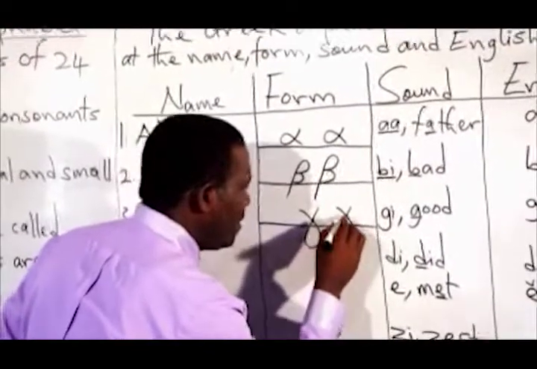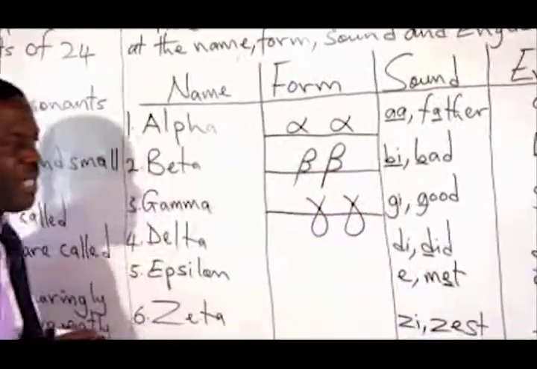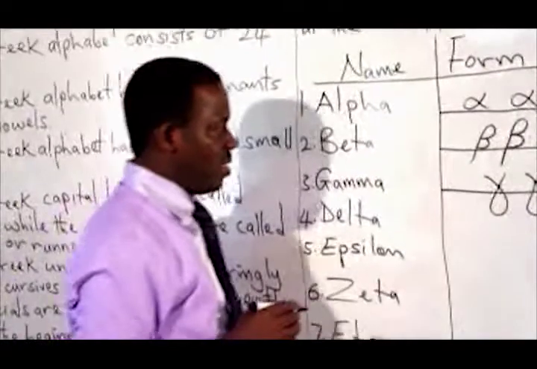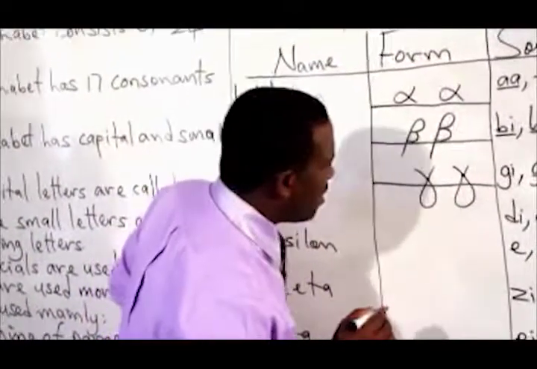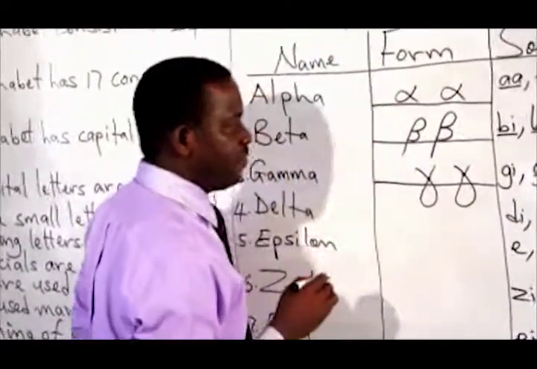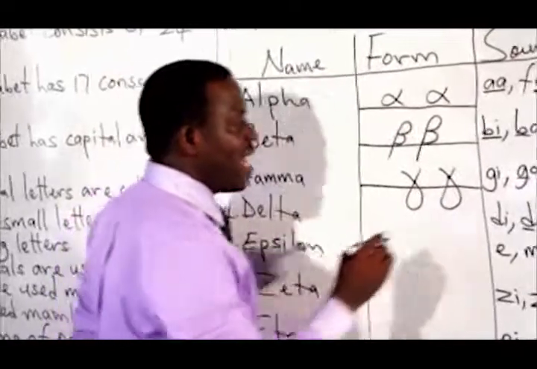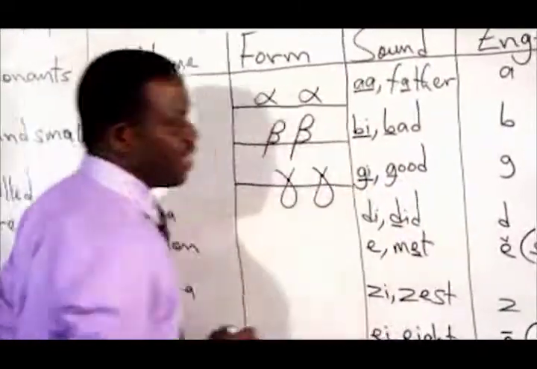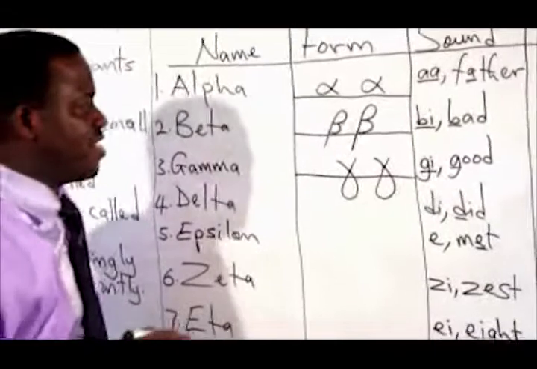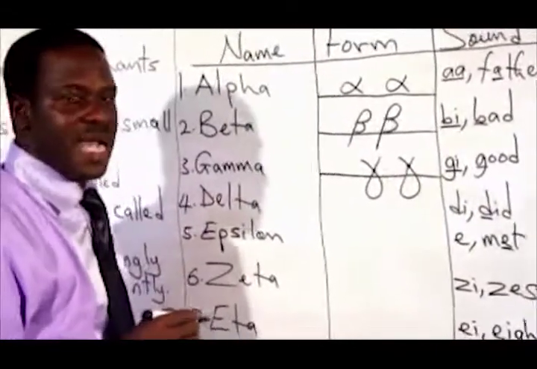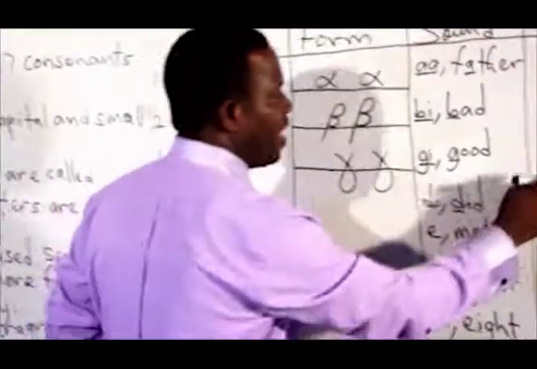The intercepting point comes on the line or above the line. And gamma sounds as G, as you pronounce the G in good. Gamma, G. And it's equivalent to our English G.